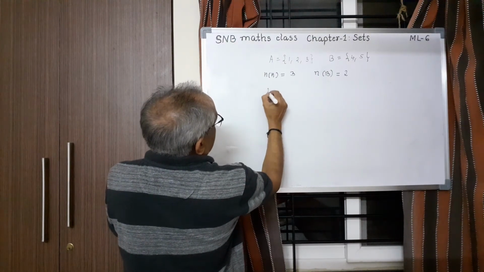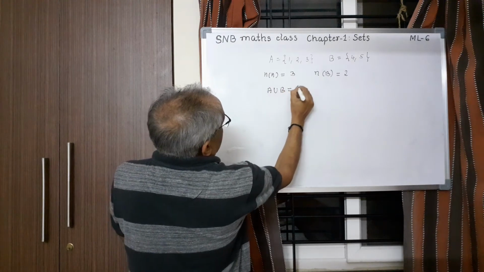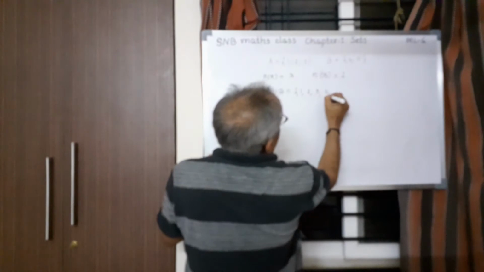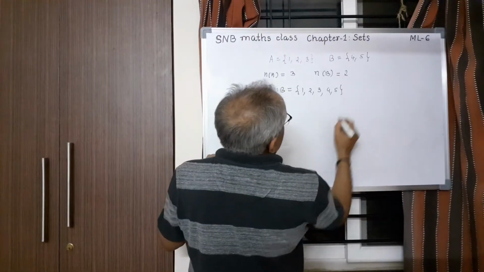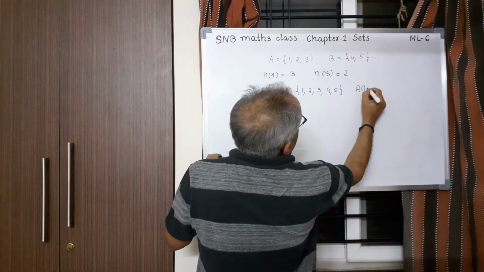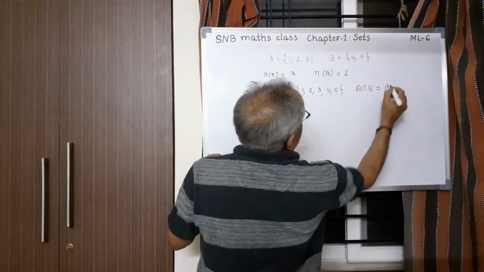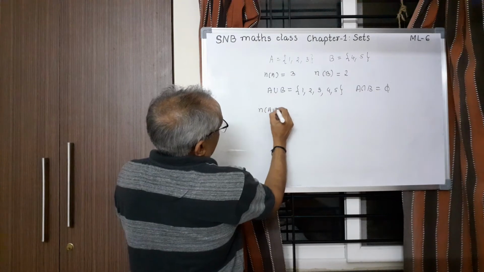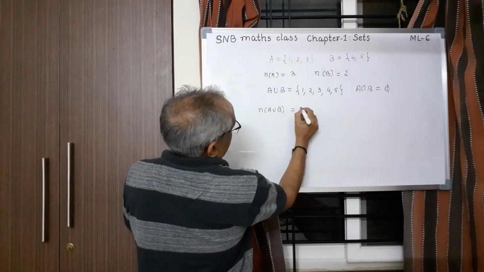First I have to find A union B. A union B will be equal to 1, 2, 3, then I have to write 4 and 5 because here there is no common element. And A intersection B, definitely it is empty, no common element. Therefore, number of A union B is 5.